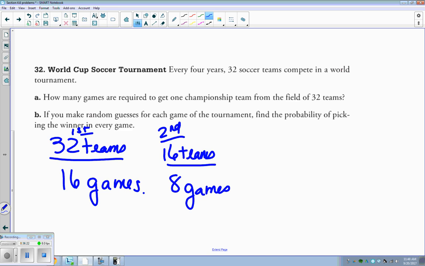Now I'm down to the third leg of my tournament. Once I play 16 teams, play 8 games, 8 of those teams are eliminated, aren't they? And I have 8 teams left. And if I have 8 teams, how many games is that?